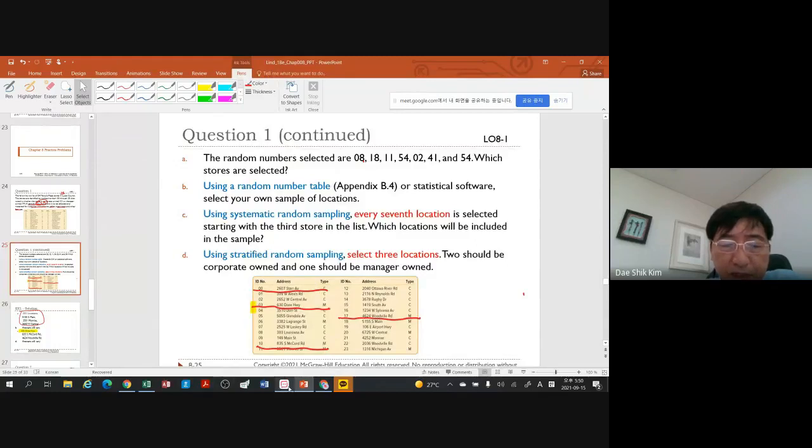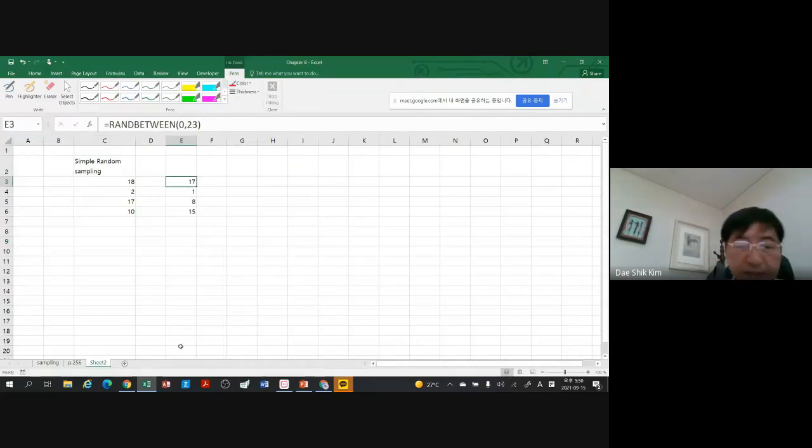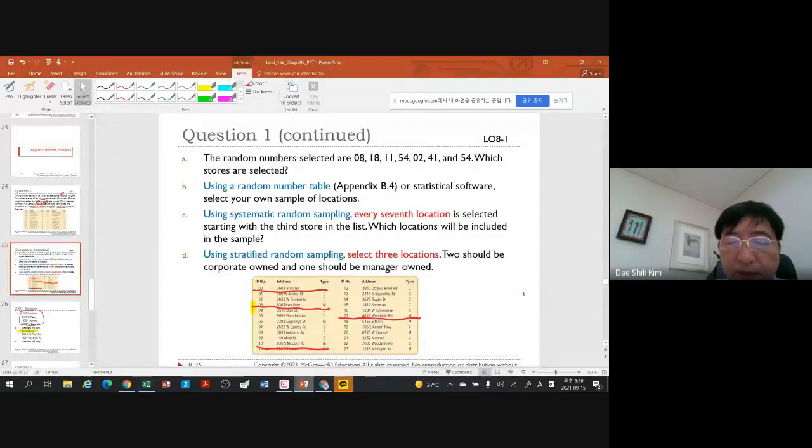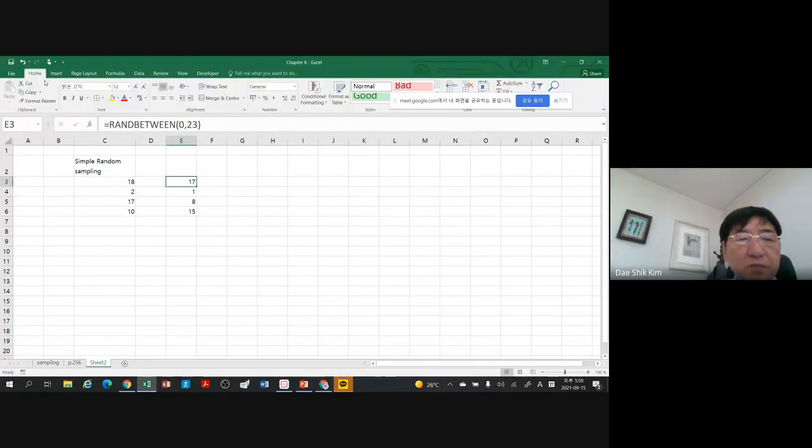To do it, I have calculated. The first one is Dixie Avenue, 03. Here I have randomly selected a starting number between 0 and 23. Only the beginning number needs to be randomly selected, and then I add up. Because 17 plus 7 is 24, but we have a total of 23, so subtract 23.